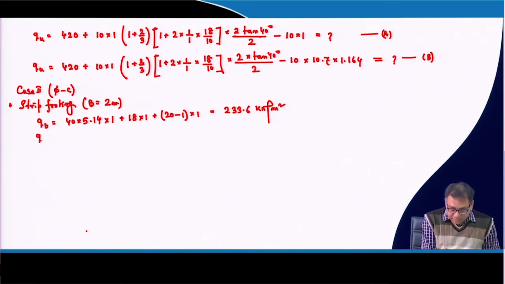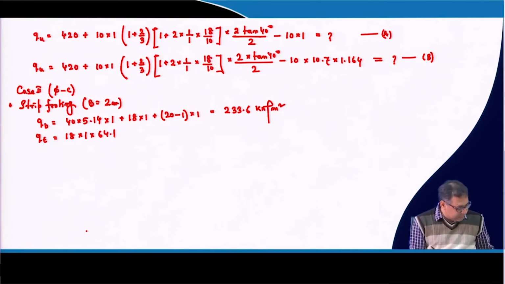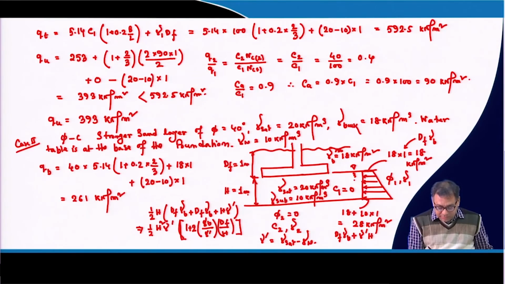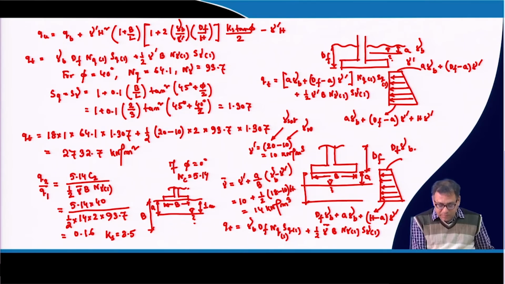Okay. Now, QT also I can calculate. So, QT value is 18 into 1 into 64.1, then the factor is 1, because QT value for case 2, this is the QT value, 18 into 1 into 64.1 into that shape factor. Now, shape factor is 1.